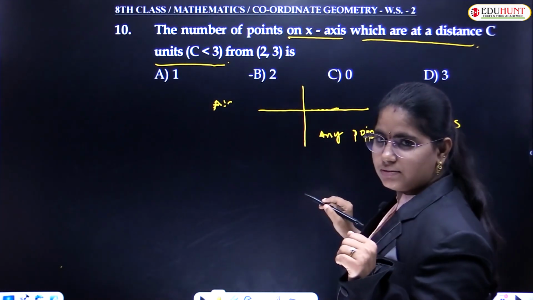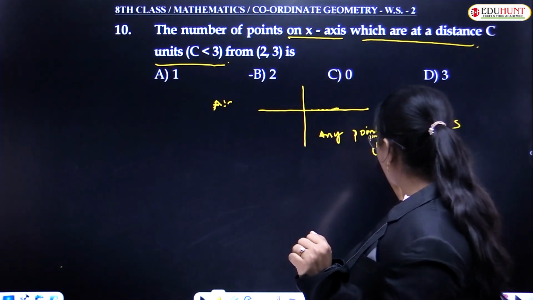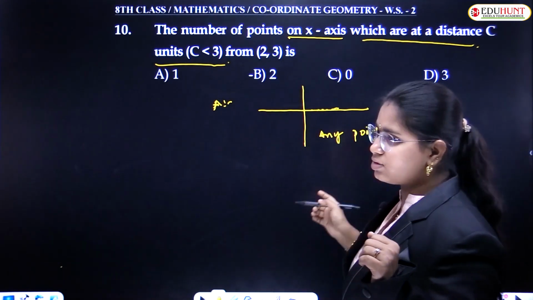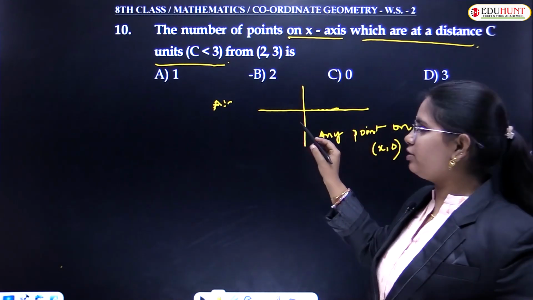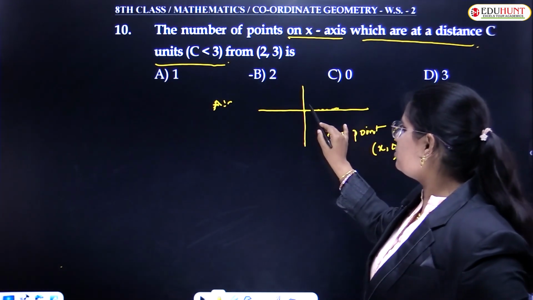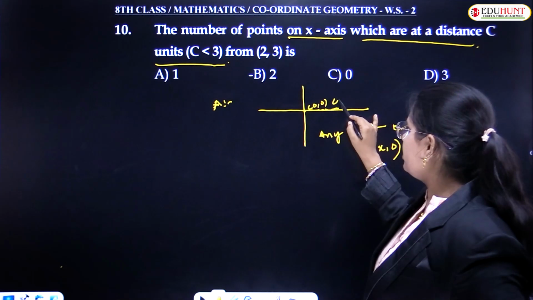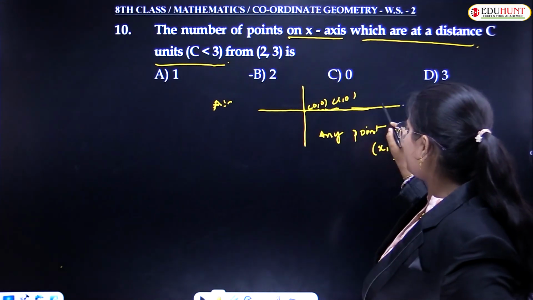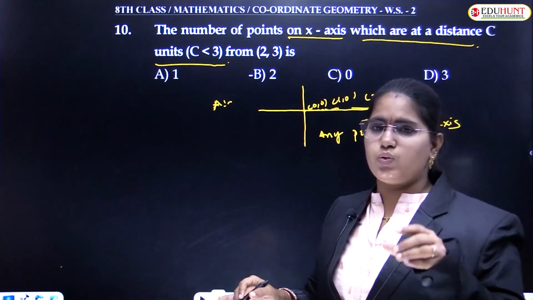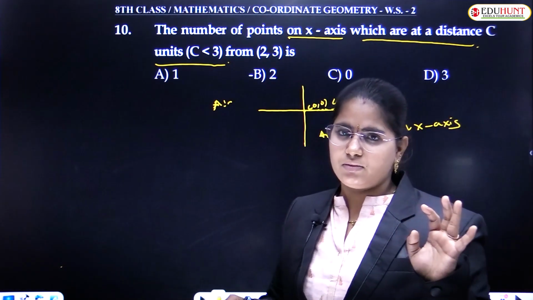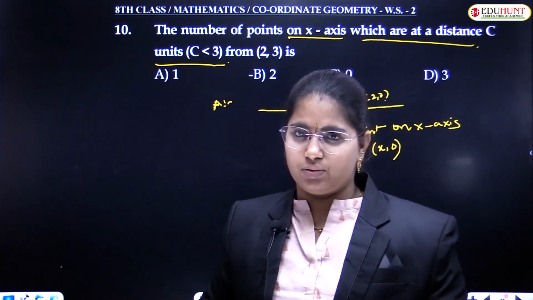So that means it will be some (x, 0). Can I write it like (x, 0)? If I take any points on this, it will be (0, 0), (1, 0), (2, 0) and so on. So any point on the x-axis, the y coordinate is 0.